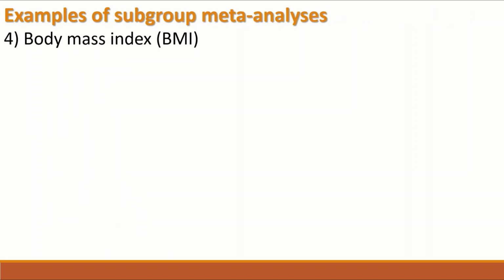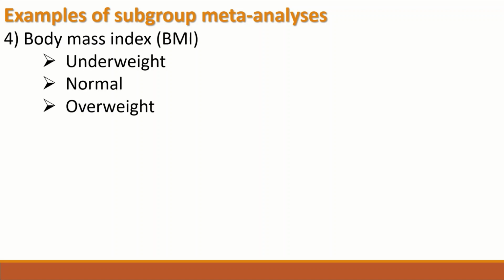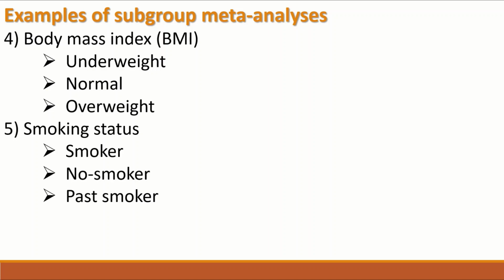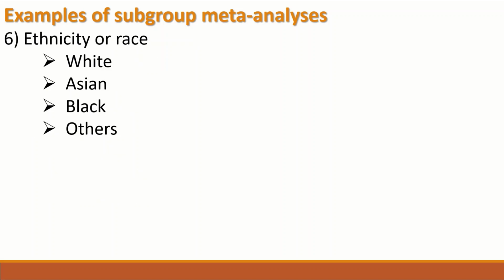Another example is the body mass index, which can be used as a factor for sectioning studies into three groups, such as underweight, normal, and overweight. Another example of subgroup meta-analysis is smoking status, in which there will be three subgroup meta-analyses, one for smokers, another for non-smokers, and a third for past smokers.